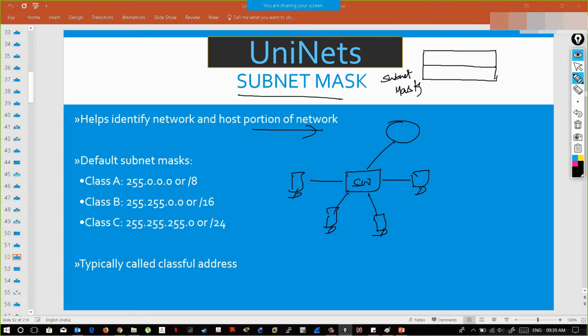I'll be using my range of 192.168.1.0, and my subnet mask would be 255.255.255.0. Okay, it is also a 32-bit number. What is the meaning of 255, 255, 255, and what is the meaning of 0?